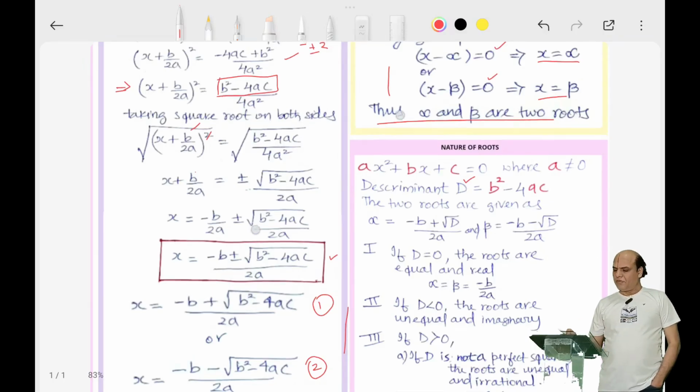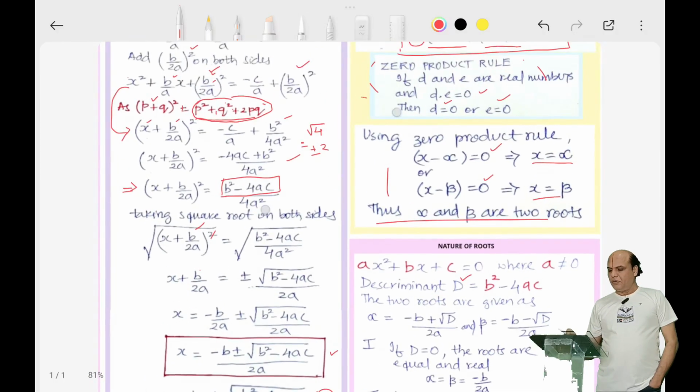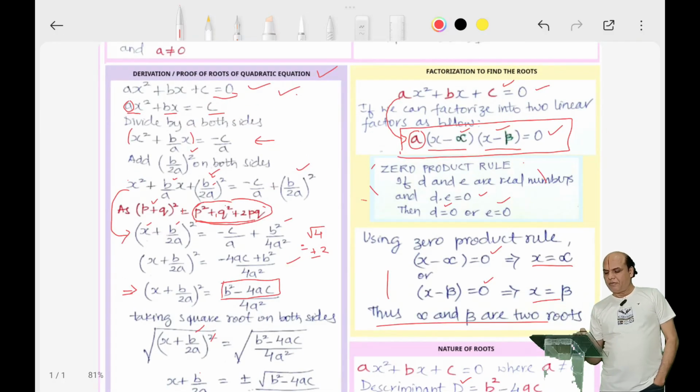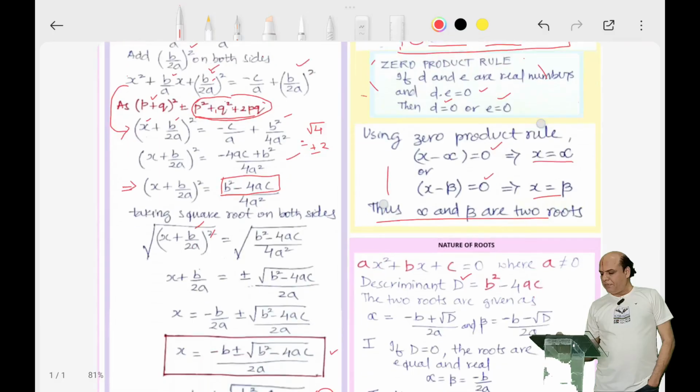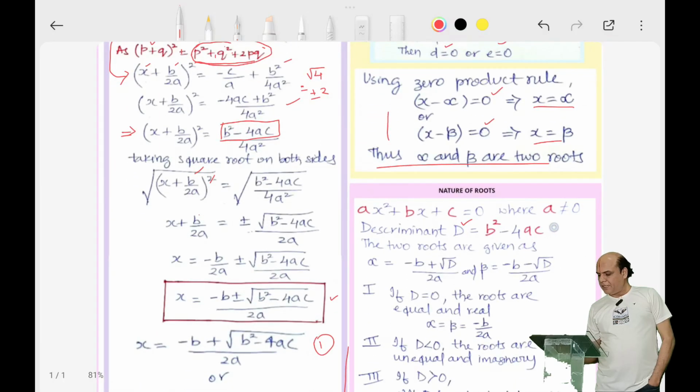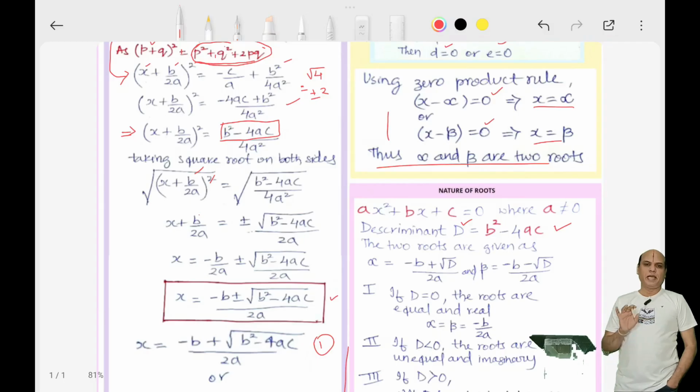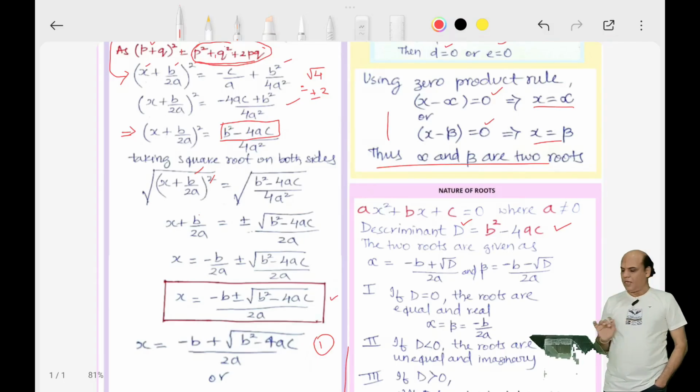Okay, without solving for roots, when we arrange the given quadratic equation in this form, ax square plus bx plus c is equal to 0, from that we can figure out what is a, what is b and what is c. So once you know what are the coefficients a, b and c, the quantity b square minus 4ac, this is called a discriminant and is denoted by capital letter D. Why are we calling it as discriminant?